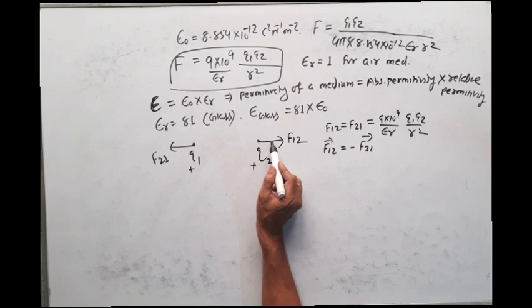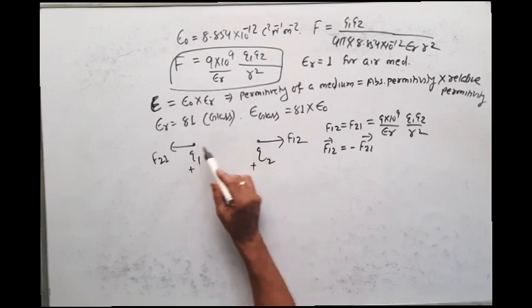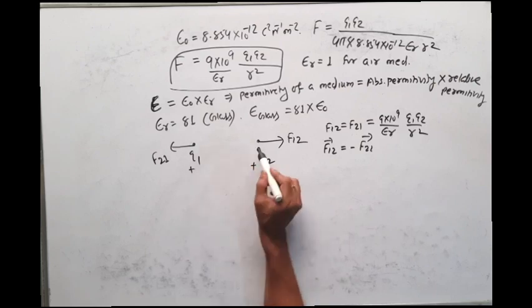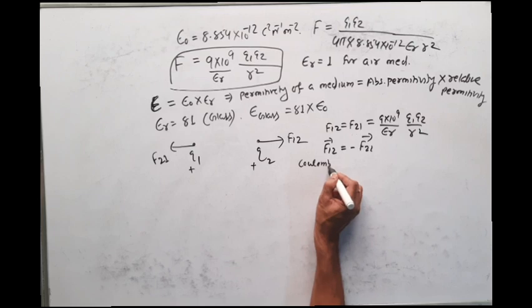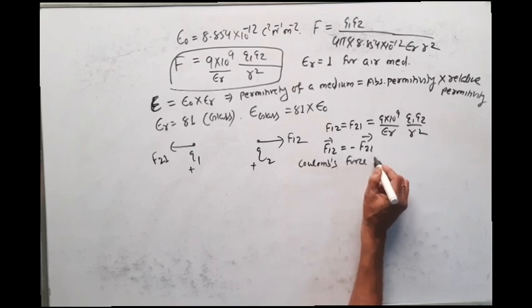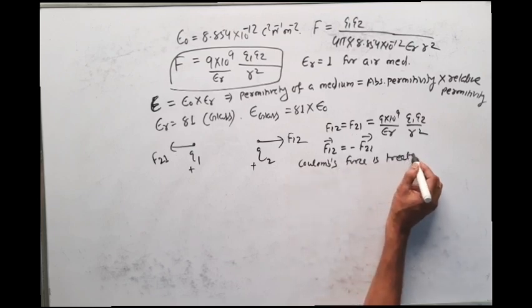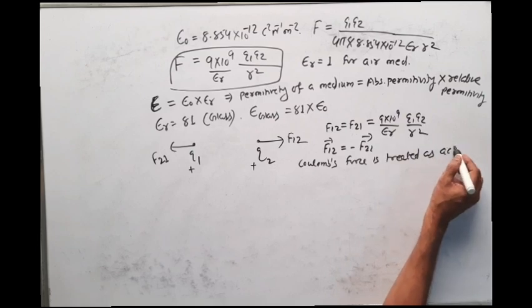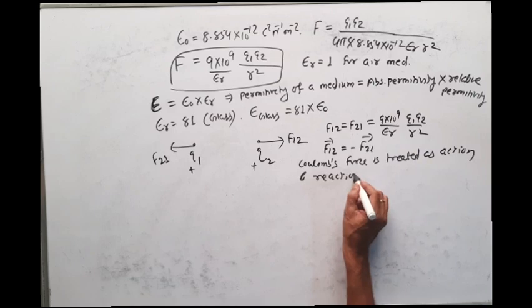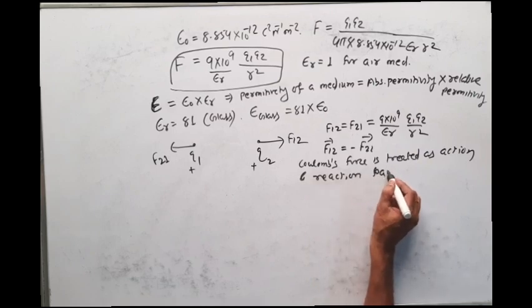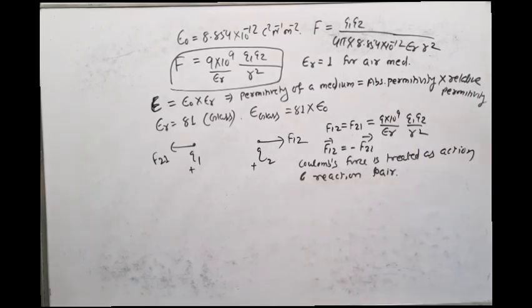Both magnitudes are the same, they act on two different particles, and their directions are opposite. So we can say Coulomb's force is treated as an action and reaction pair. Clear?